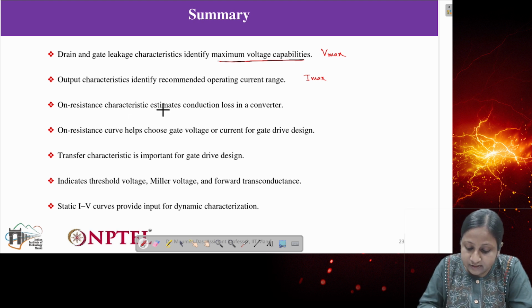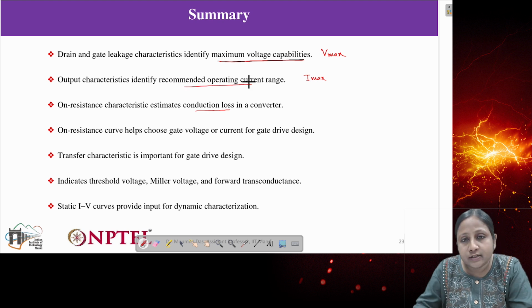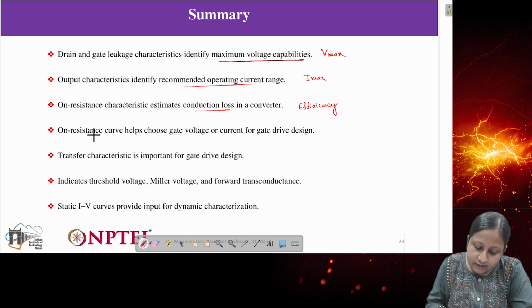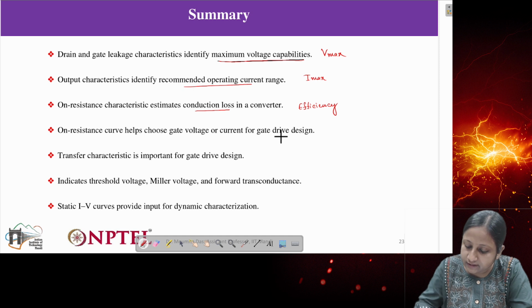On-state resistance characteristics estimate the conduction loss, so it tells us what the loss should be during conduction. This is required for efficiency calculation. And the on-state resistance curve helps to choose the gate voltage and current for gate driver design as well.